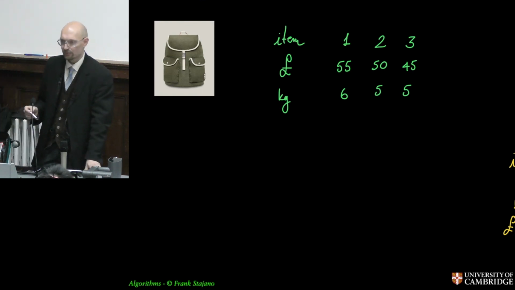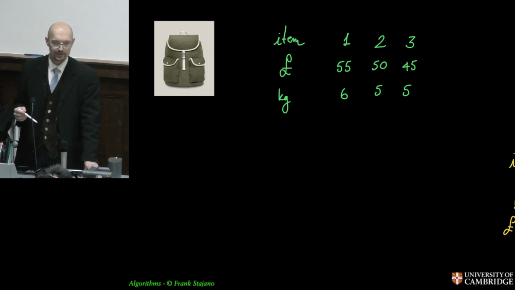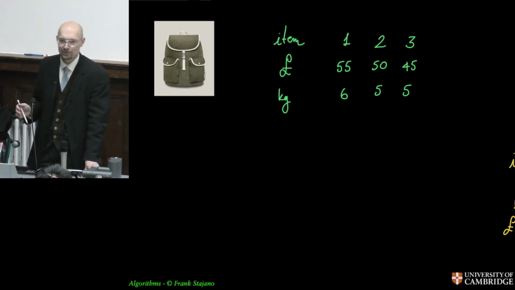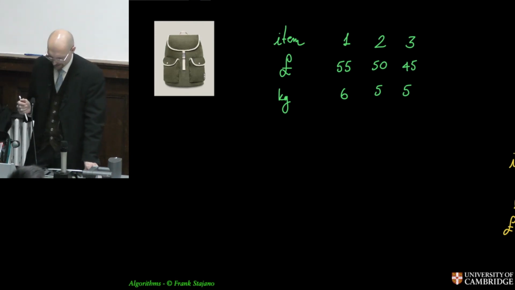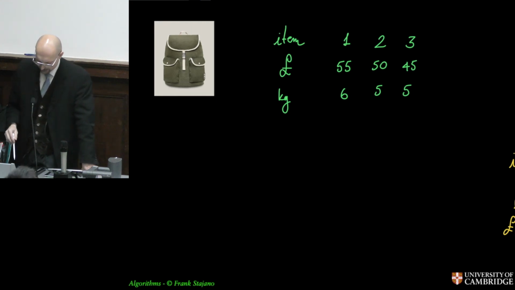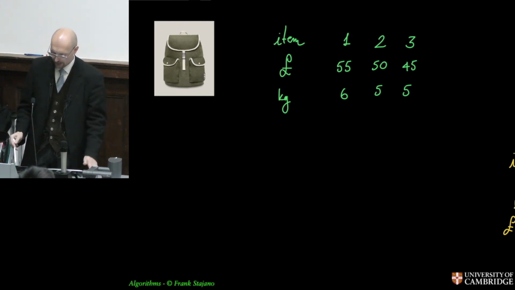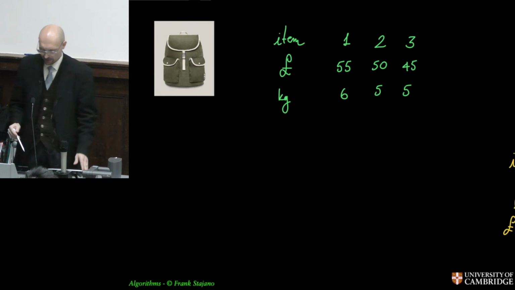Or maybe the thief is going to fly Ryanair after the theft, and so is limited to only stealing 10 kilos. And so if he has to steal only 10 kilos, what would he do? Well, the greedy choice would be to take the most valuable item first, which is this 55. You can see if you do that, you can't take anything else. And so the greedy choice is not such a good idea.